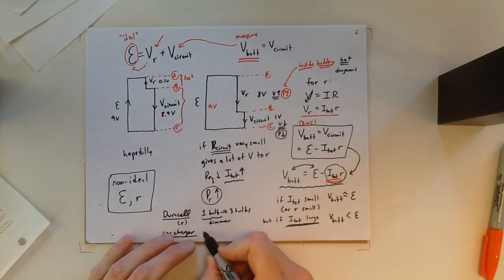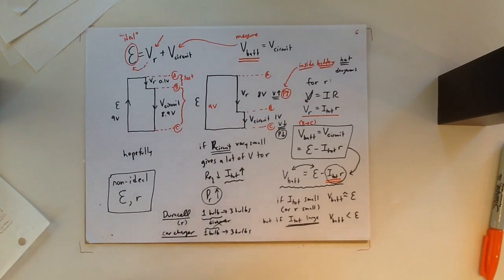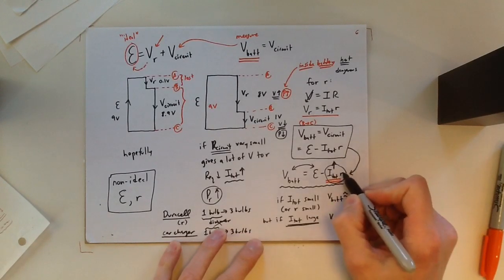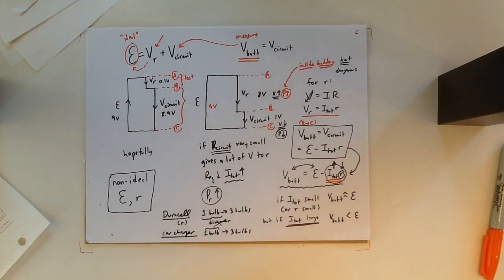Well, in that case, when I went from 1 bulb to 3 bulbs, you did not see much of a dimming effect, okay? And the reason why you didn't see that dimming effect is because a car charger, of course, is normally having to source huge amounts of current, right? Huge amounts of current, and so they are built with a very, very low internal resistance, okay?